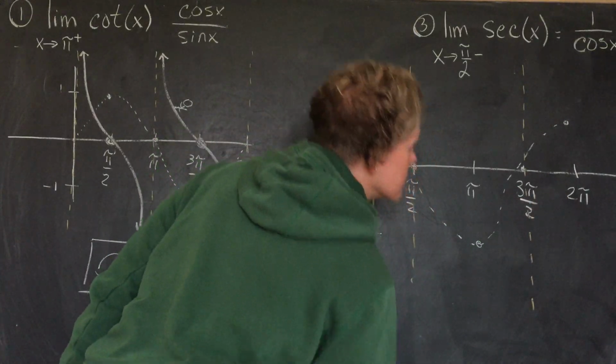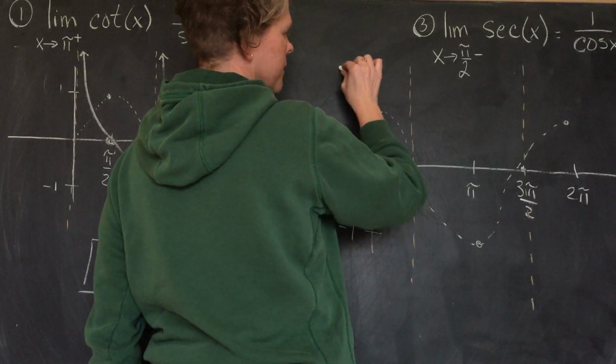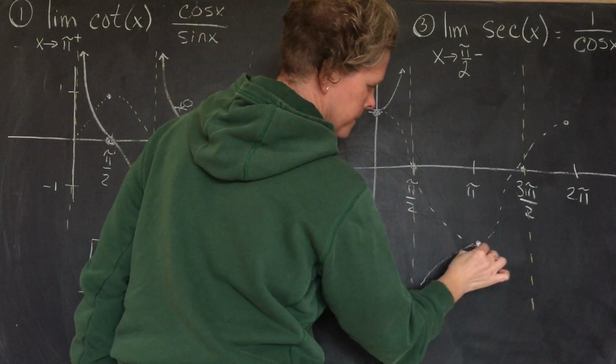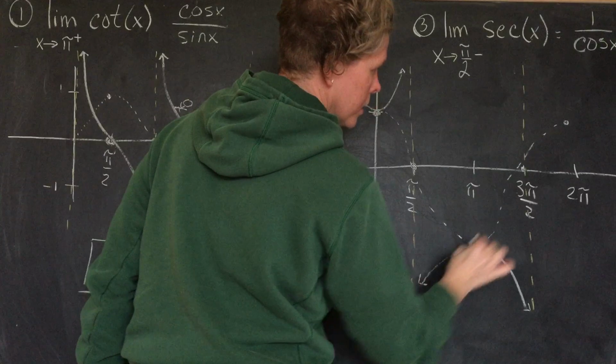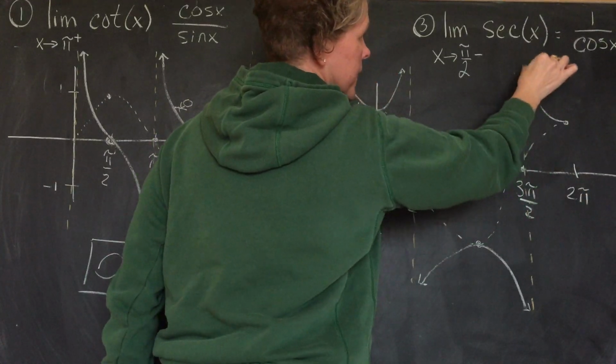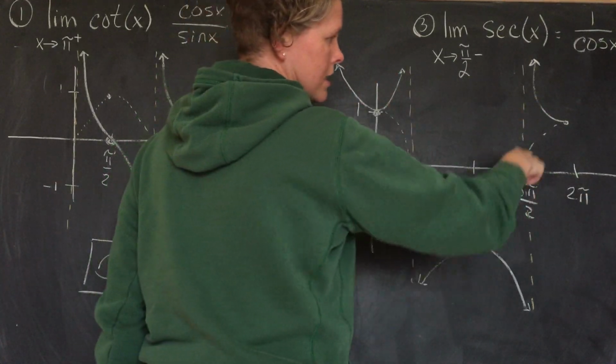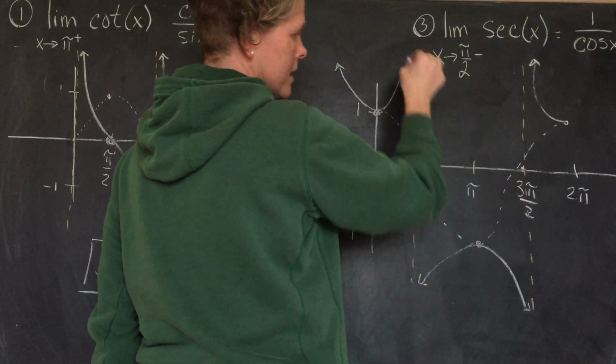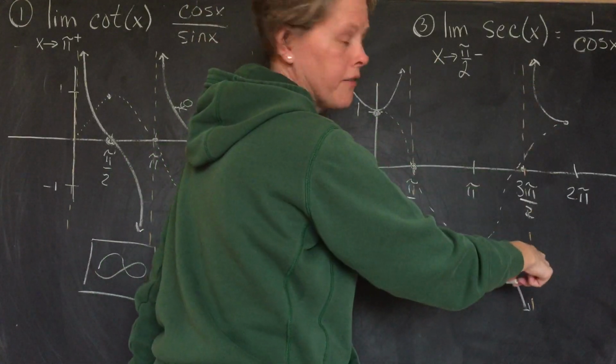But my secant graph, remember, looks like a series of parabolas almost. So my graph is not the dotted line. I just use the dotted line to help me make my graph. It's the solid white lines as well as the dotted orange asymptotes that we have here.